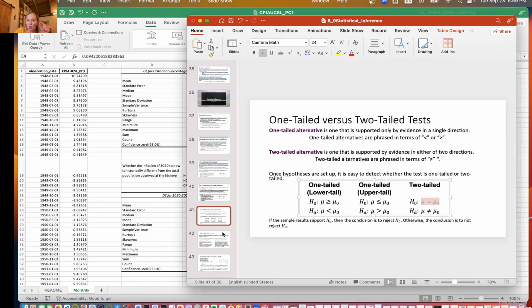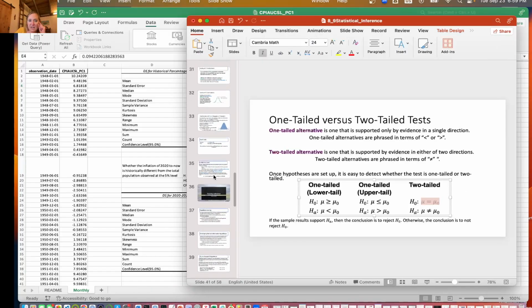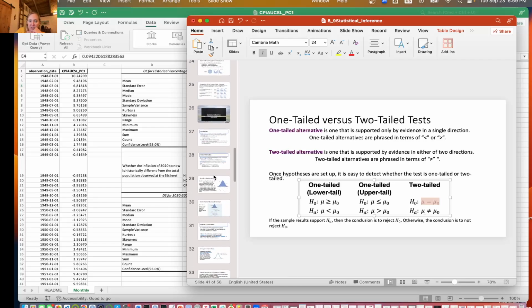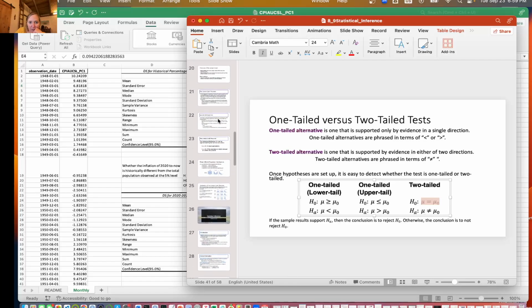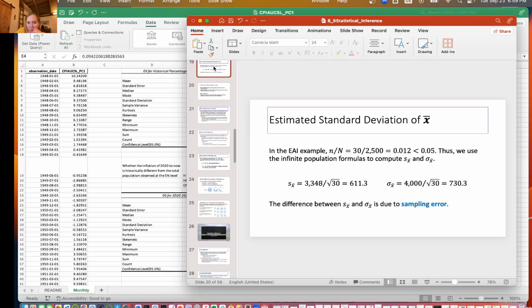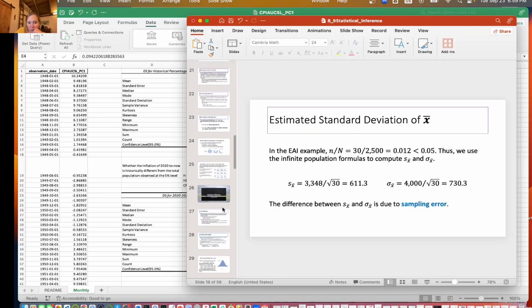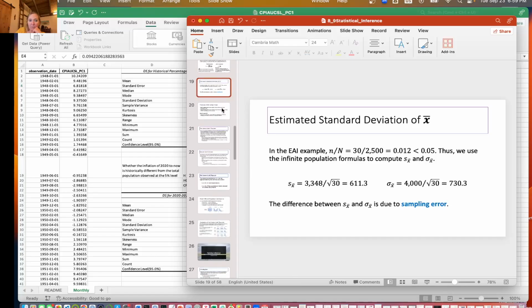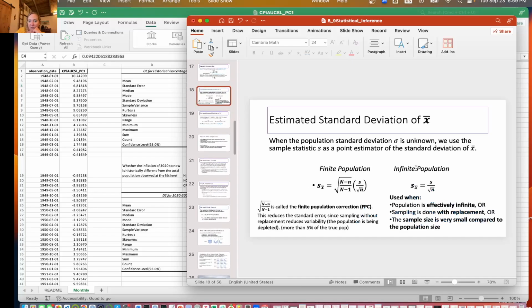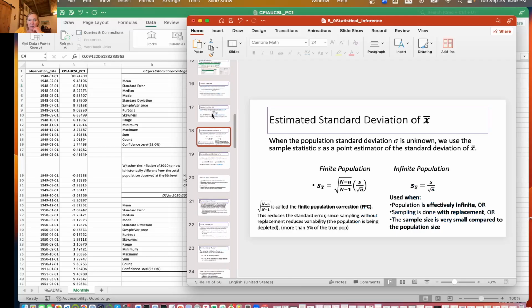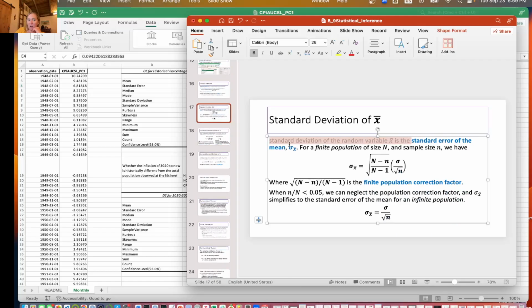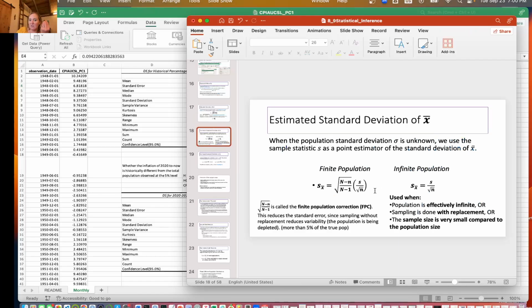When we look at the standard error, which was in the same file of statistical inference, so we go back up to this guy, the standard error of the mean, right? This is the basic standard error operation, this idea of looking at the standard deviation of the total population.